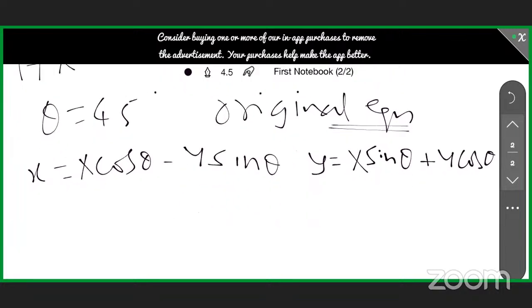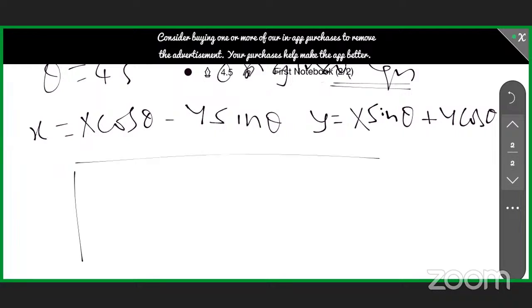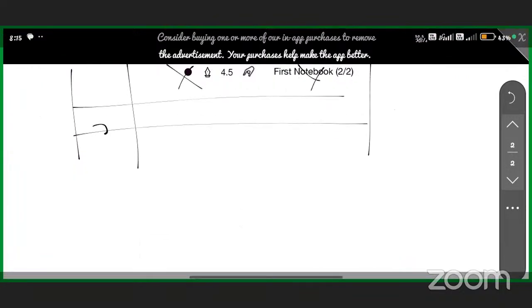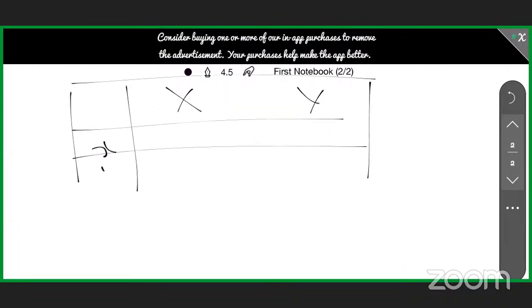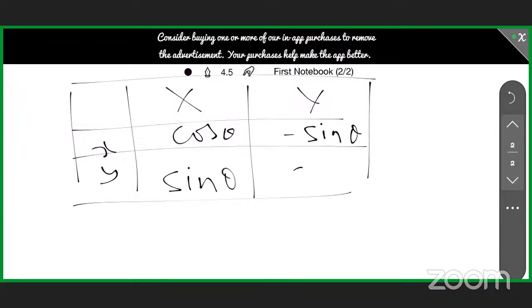So, do you remember the table or matrix? Capital X, capital Y, small x, small y. Here cos theta, here minus sin theta, here sin theta, here cos theta.